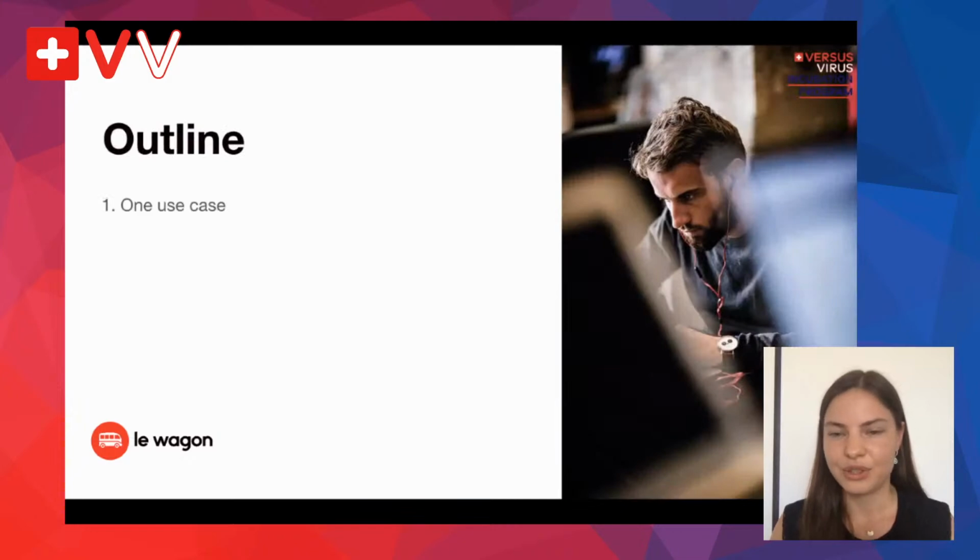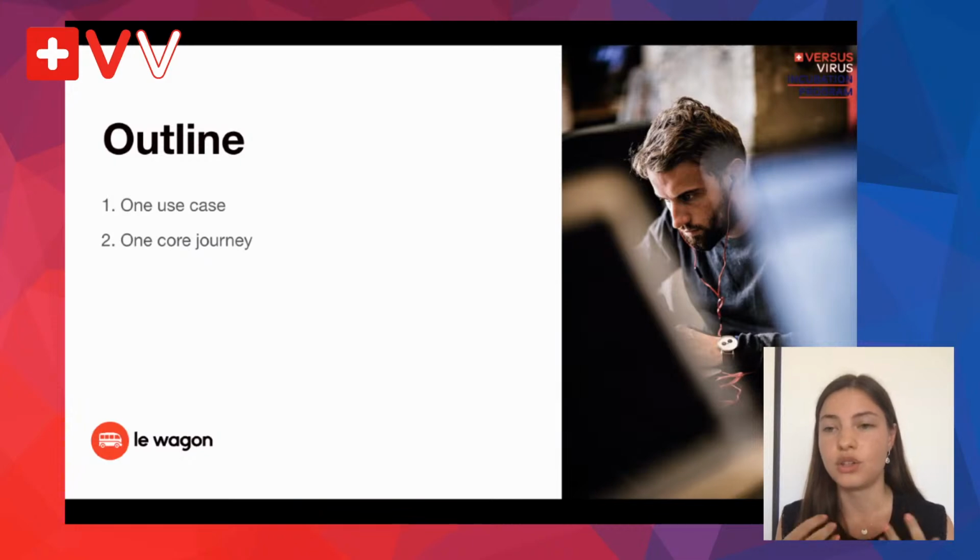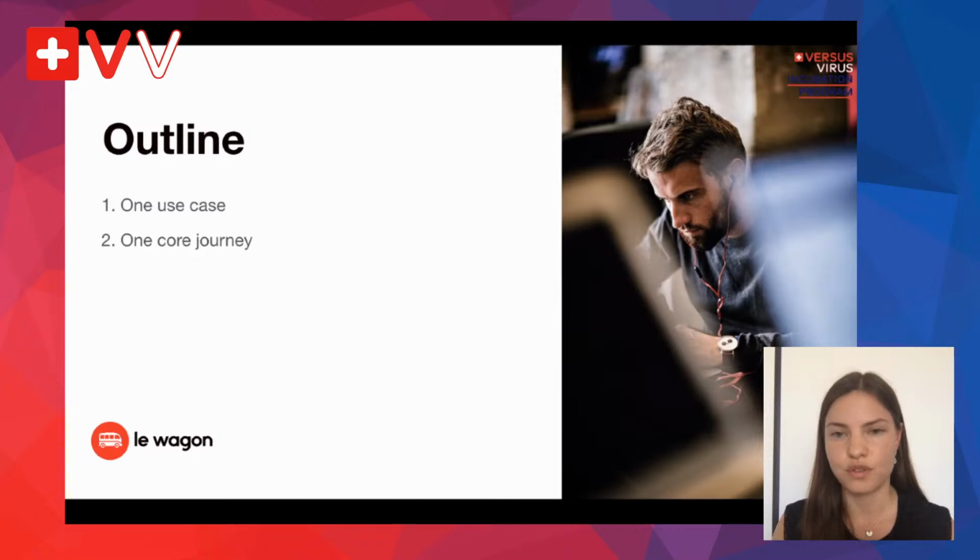So the outline for today: we're going to go through a use case and what it is, and making sure that your idea has one use case. It's very important, when you start, to have one clear use case and to go from there. From there, we will choose one core journey that will be essential when you start building your website, and ensure that it matches the use case you have chosen.